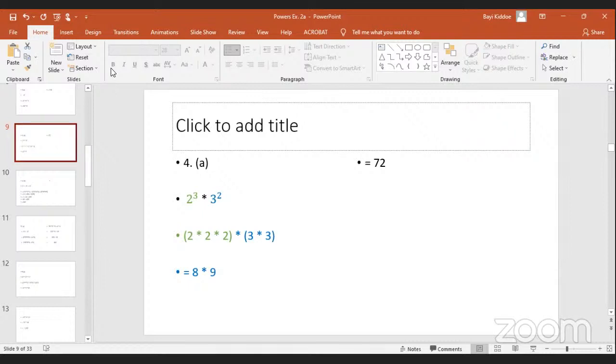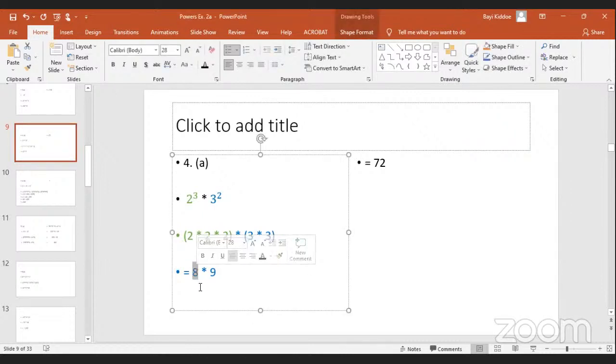The first part we're going to do is the power part, right? Now 2 to the 3 means 2 by itself 3 times, which is 2 times 2 times 2. So 2 times 2 is 4. 4 times 2 is 8. So we get 8 down here. Everybody see that? Yes, sir.